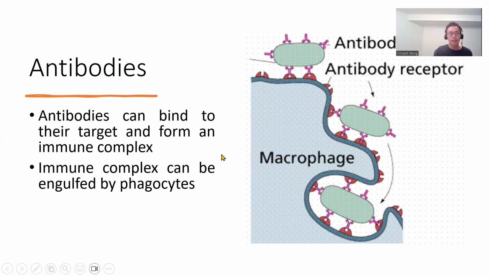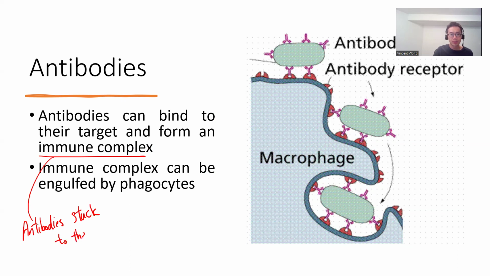The immune complex is basically antibodies stuck to their target. It's the clumping that we learned about, right? It makes it much bigger. It's much easier to identify them and then collect them, eat them up.